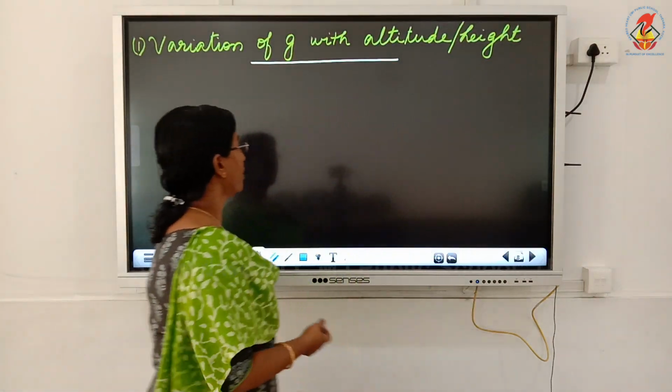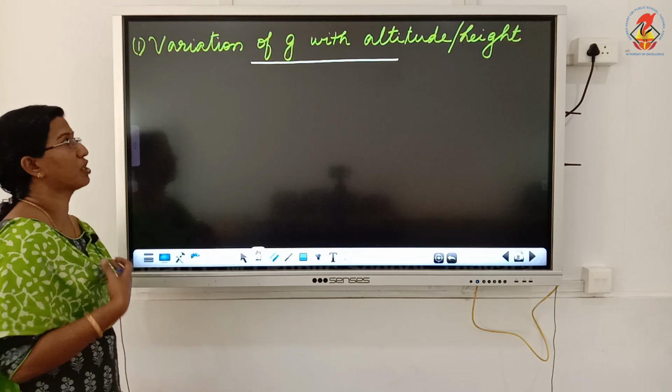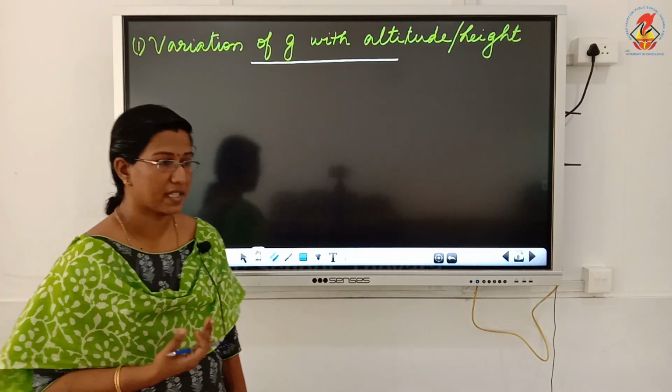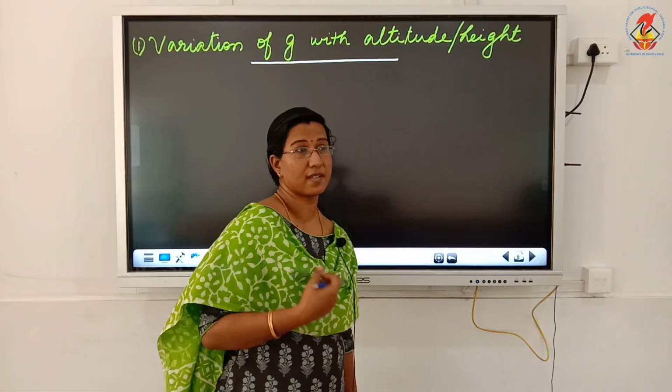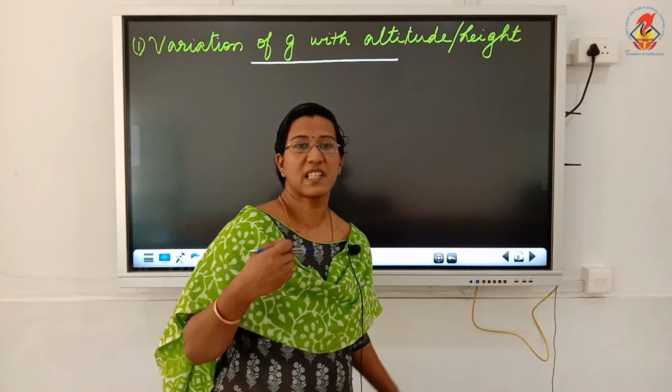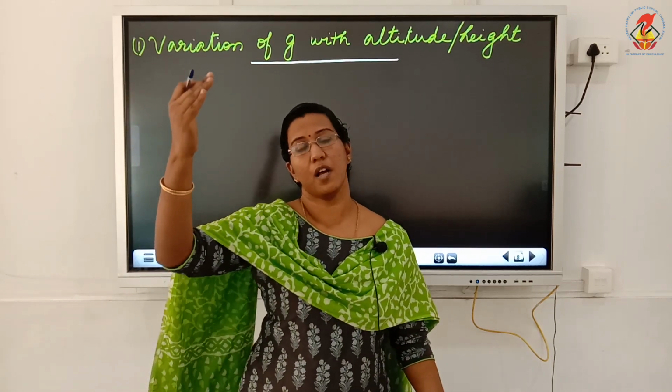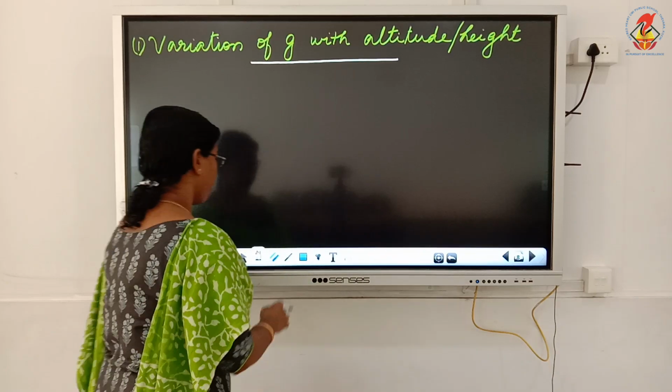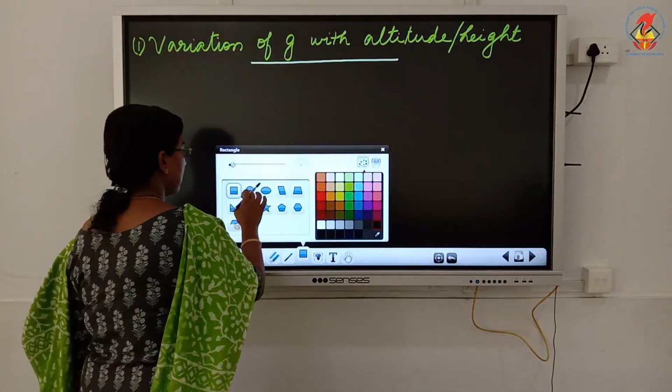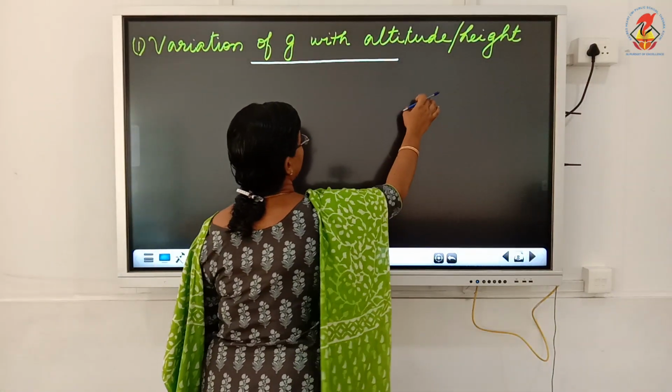Now we are going to see what is the variation of g with altitude or height, which means how much is the value of g when the object is kept above the surface of the earth at a particular height. For that, we consider earth to be a perfect sphere.